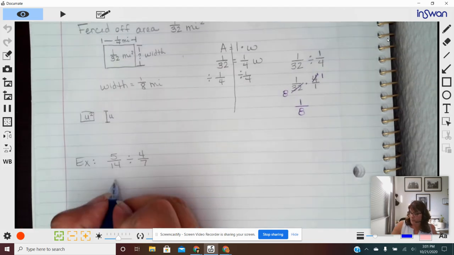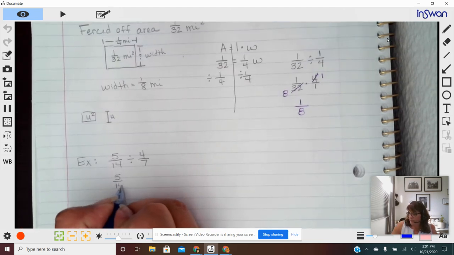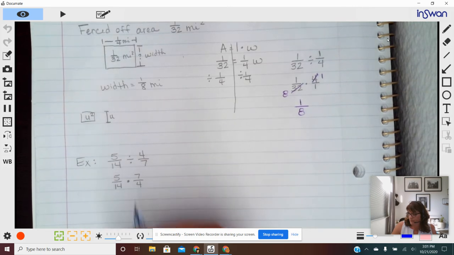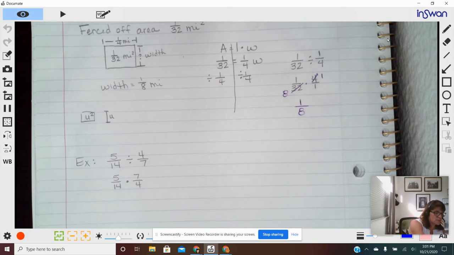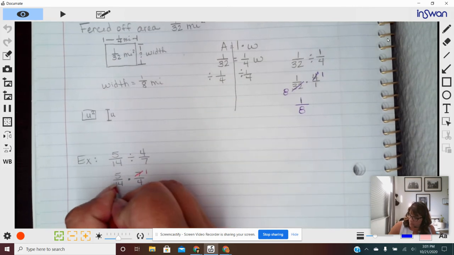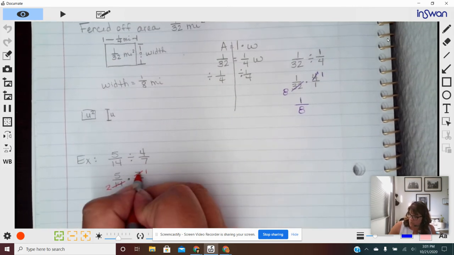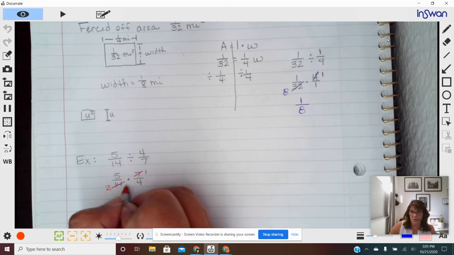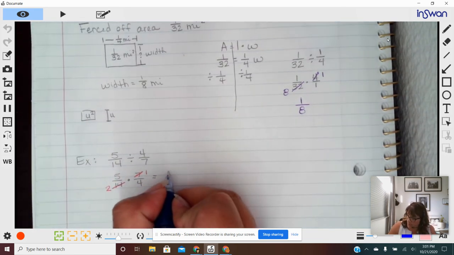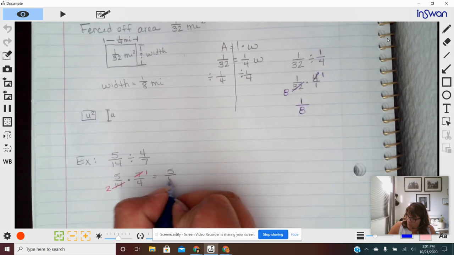Well, keep, switch, flip. Oh, we can do some simplifying here. That's going to make our life much better. 1, 2, because 7 goes into 7 one time. 7 goes into 14 two times. And now we have 5/8.